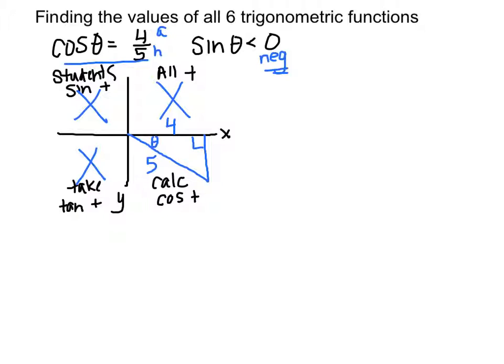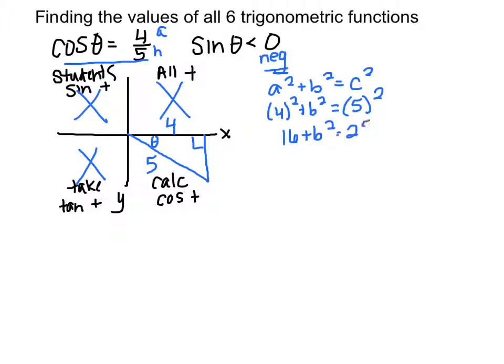Now I need to find the missing piece, and I'm going to do that by the Pythagorean theorem. A squared plus b squared equals c squared. Well, the a value is 4. I don't know the b value, that's what I'm trying to find, and the hypotenuse is 5. So 16 plus b squared equals 25.